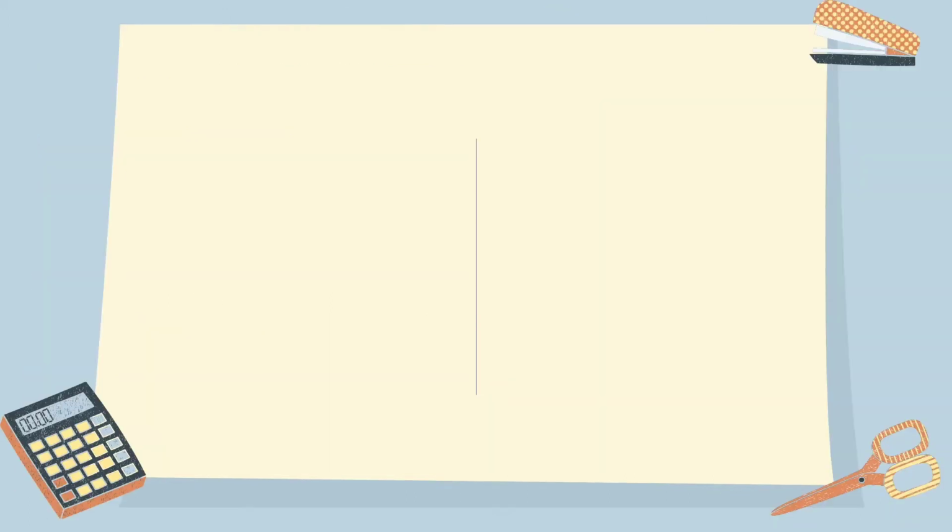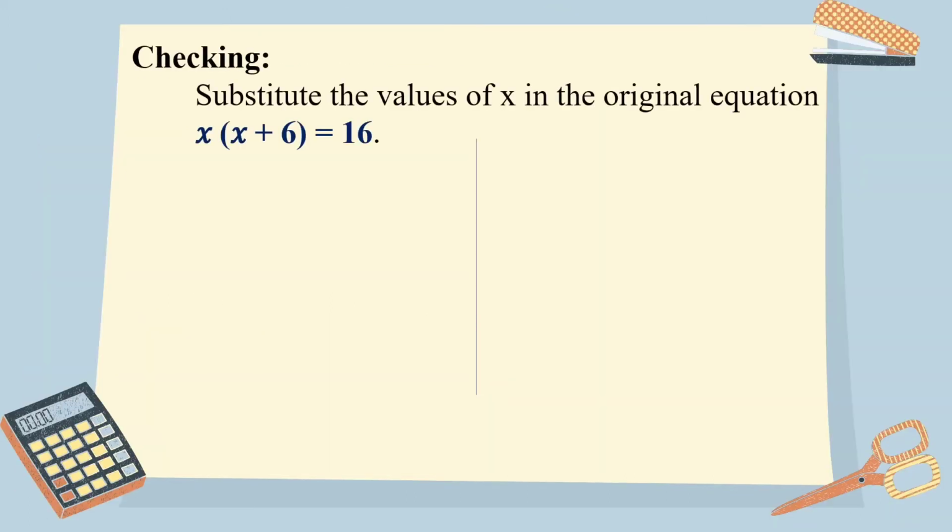Now, let's do the checking. The first thing that we need to do is to write the original equation, which is x quantity x plus 6 is equal to 16. Then, substitute the roots that we have earlier, if x is equal to negative 8 and if x is 2.